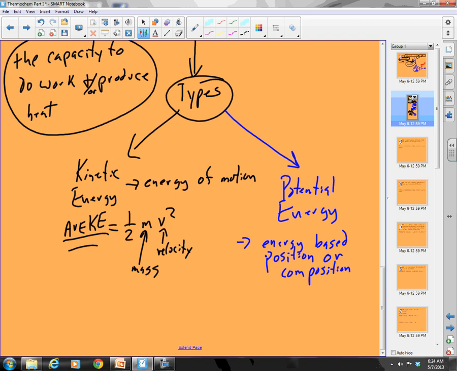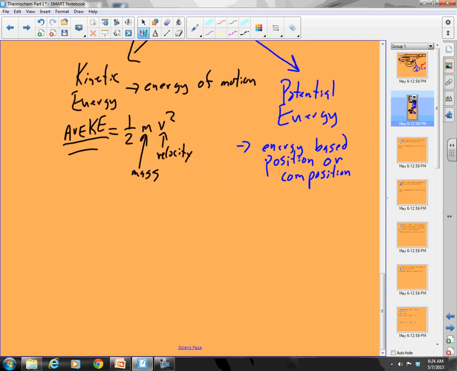The composition of things is a potential energy as well as the position of things. Now, we have two types of potential energy that I want to talk about. One is positional potential energy.